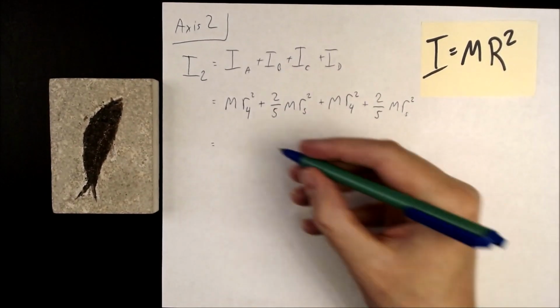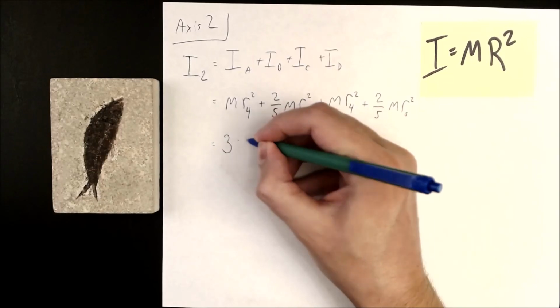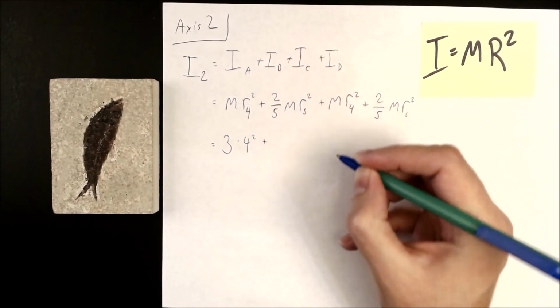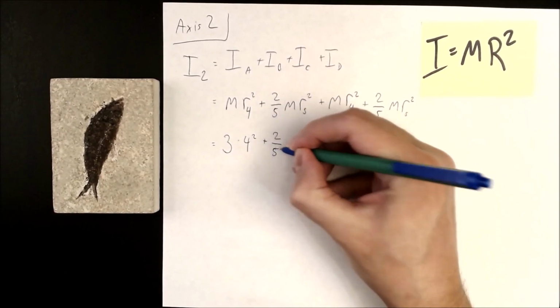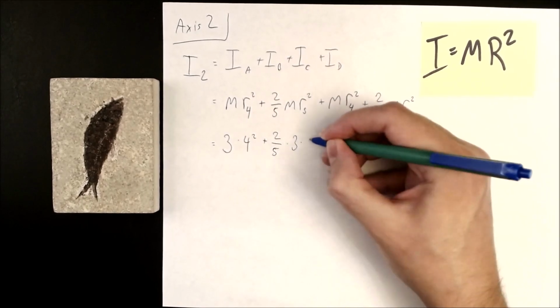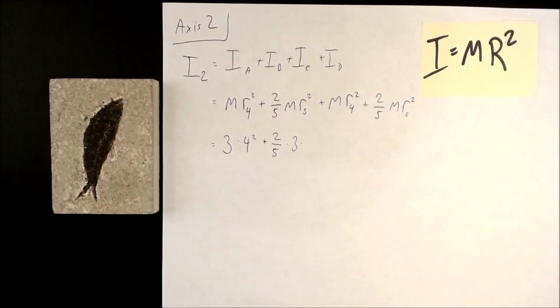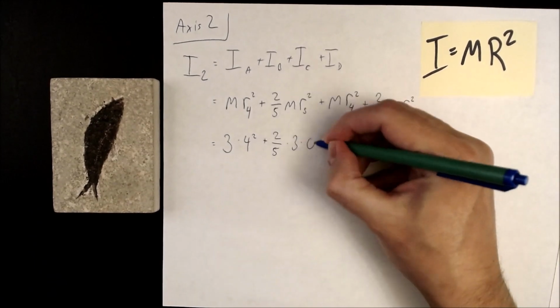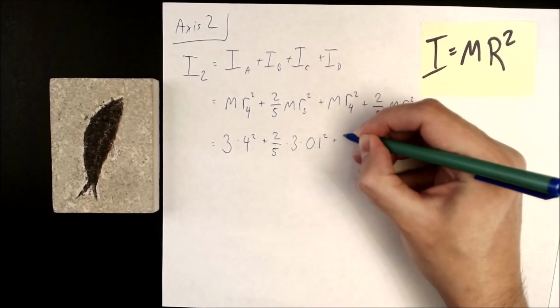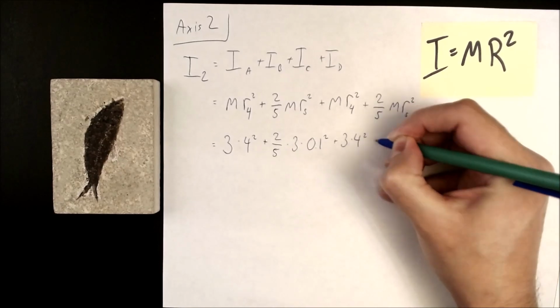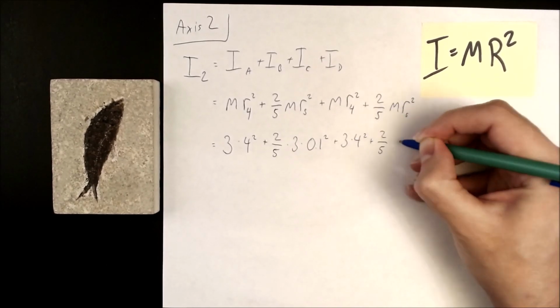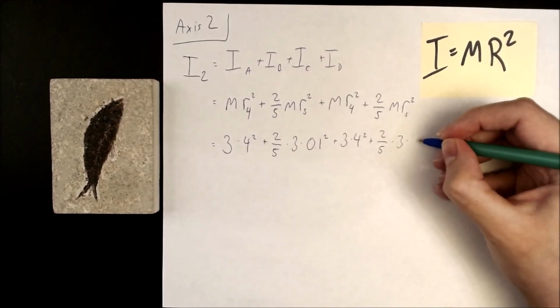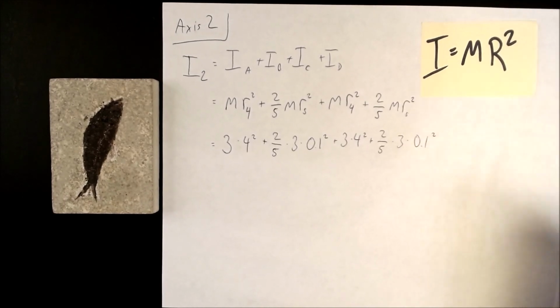We can plug in numbers. 3 times 4 squared plus 2/5 times 3 times 0.1 squared, where the radius of the sphere was 0.1 meters.